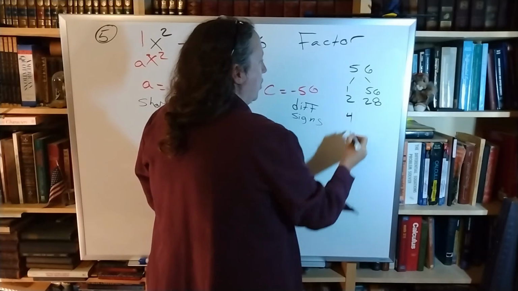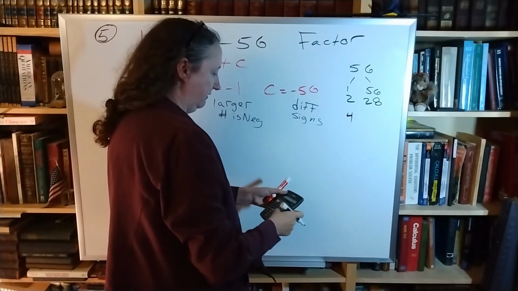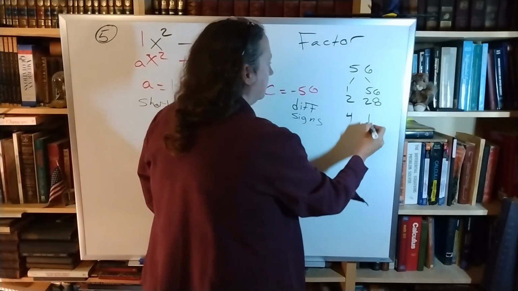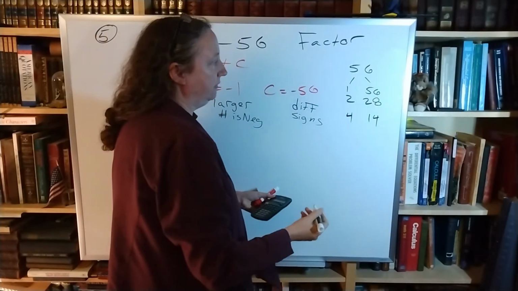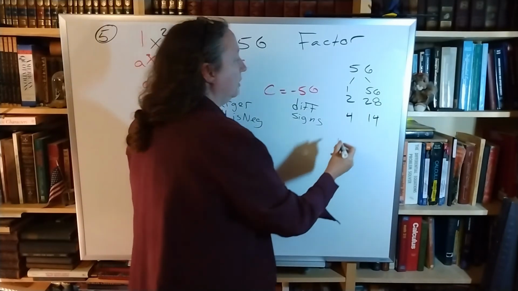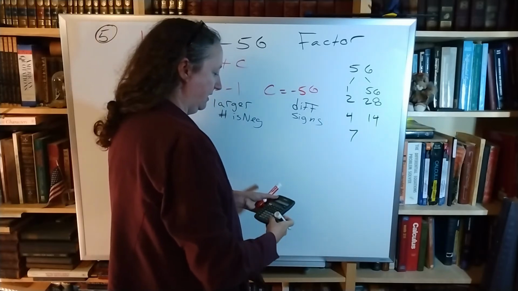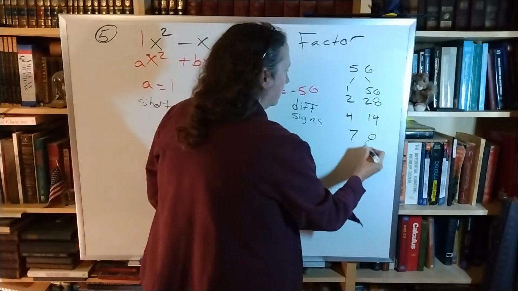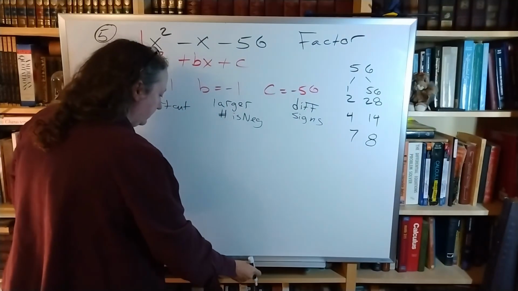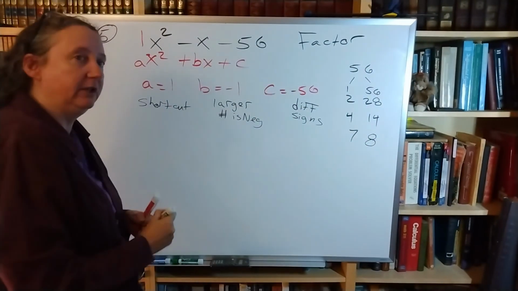Could be 4 and 56 divided by 4 equals 14. Can't use 5, can't use 6, could use 7. So 56 divided by 7 equals 8. So those are my possibilities to use.